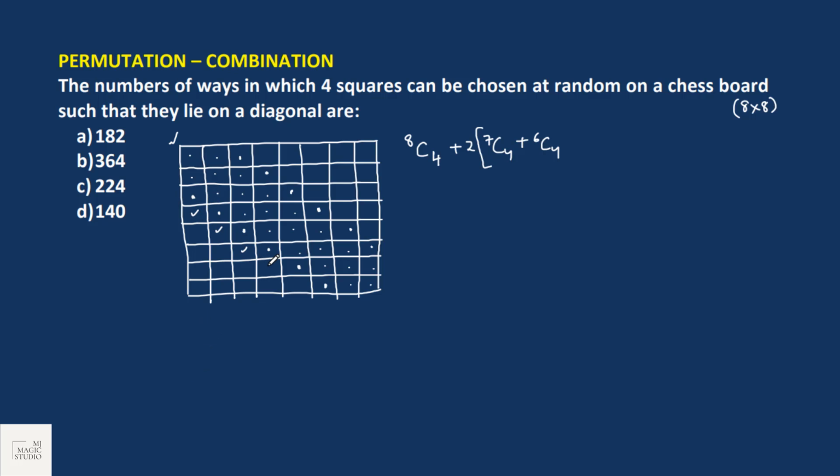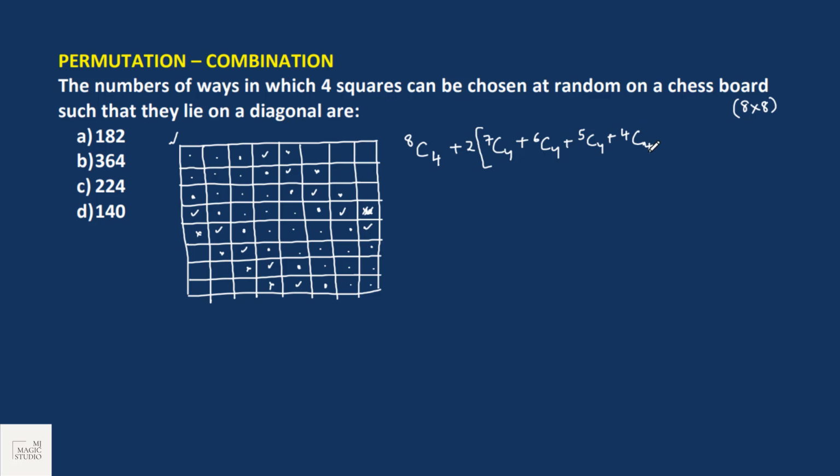Then this one 1, 2, 3, 4, 5. And here also 1, 2, 3, 4, 5. From this particular diagonal, we will choose any 4 in 5C4 ways, into 2 again. After that, we have a 1, 2, 3, 4 diagonal which has only 4 squares.